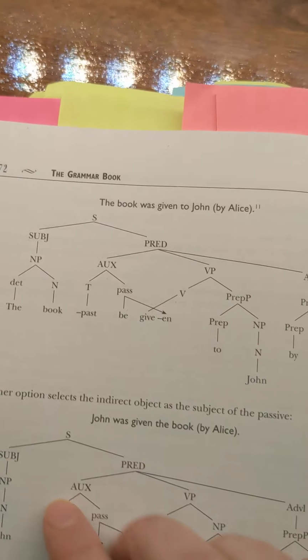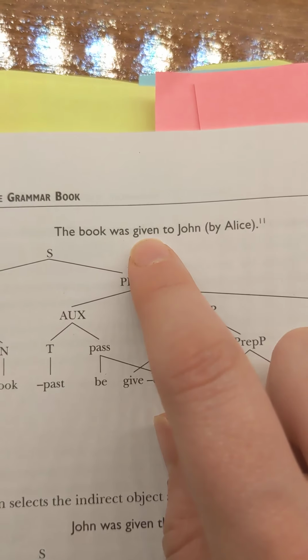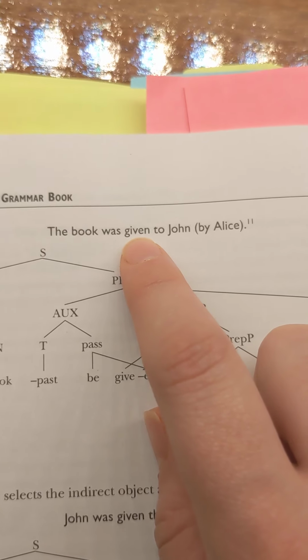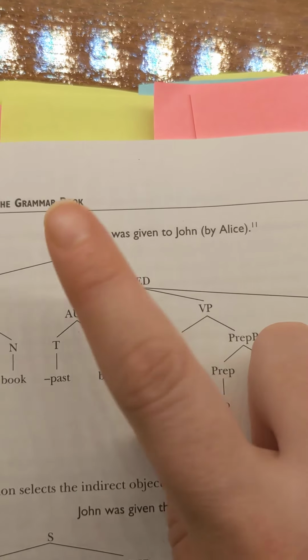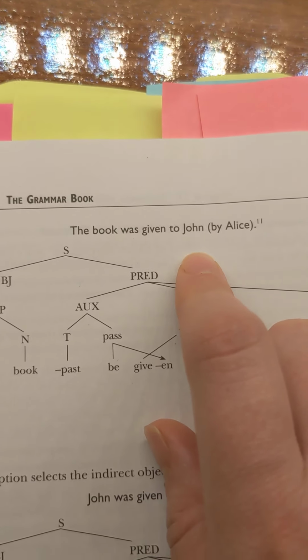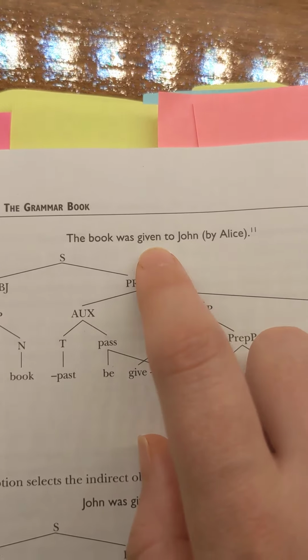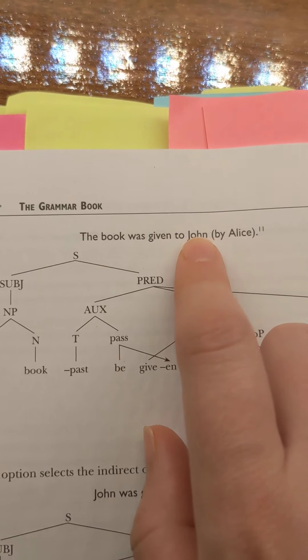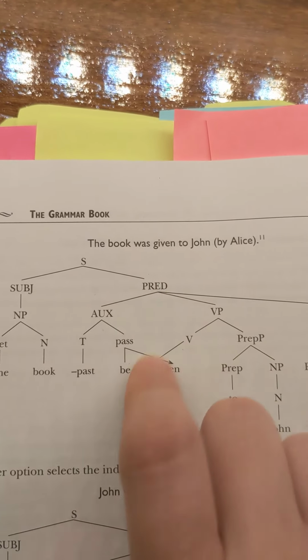The book was given to John is the only thing that's necessary. So when we're looking at this verb give, the two things that are linked to it are the book and John, right? Somebody gave what? The book to who? John.